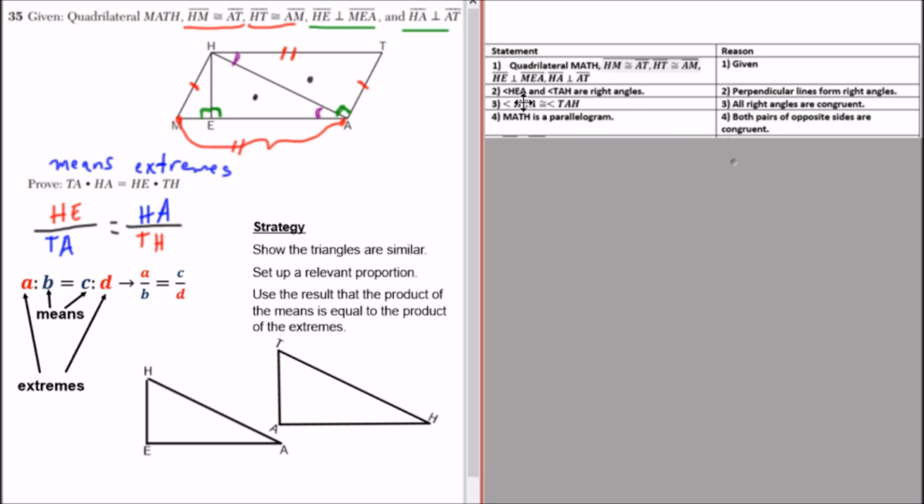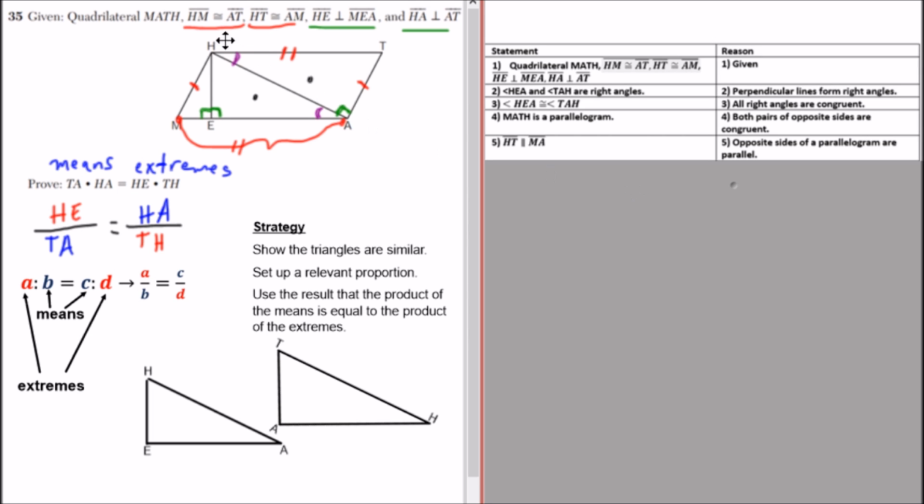So once you establish that it's a parallelogram, it would be a mistake if we just jump into this right now and say the angles are the same. First, we have to say that these lines are parallel, because the only way you could have alternate interior angles is when you have parallel lines cut by a transversal. So we're going to say that line segment HT is parallel to line segment MA, and the reason being opposite sides of a parallelogram are parallel.